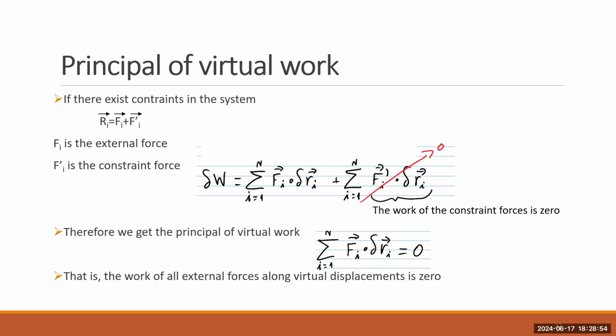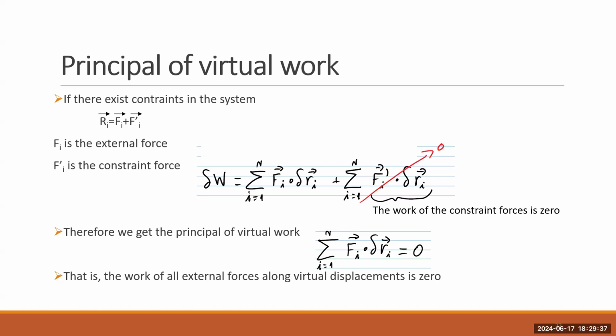And therefore, the total amount of work done by the external force and the constraint forces will be this sum of F dot delta R plus F tag, which is the constraint force, dot delta R. But for the constraint force, we already saw that the work of the constraint force is zero. And therefore we are left with only the external forces.